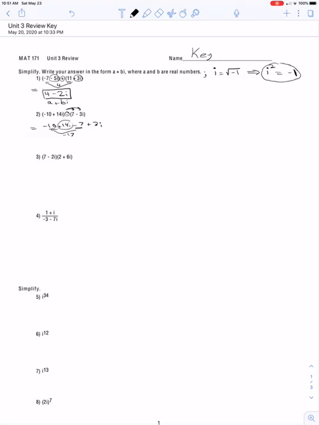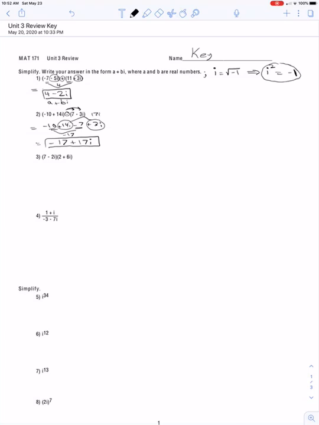We've got a 14i, we have a 3i. They add up to 17i. So in the end, we end up with a difference of -17 plus 17i as our standard form complex number. So again, our real part and our imaginary part.